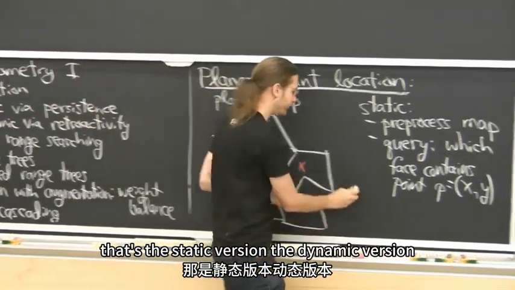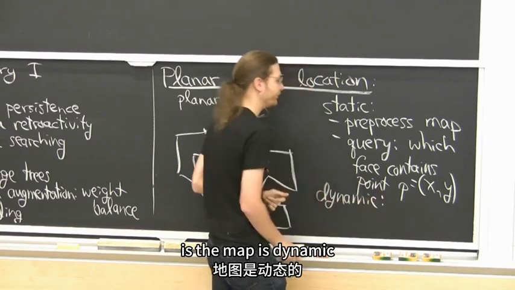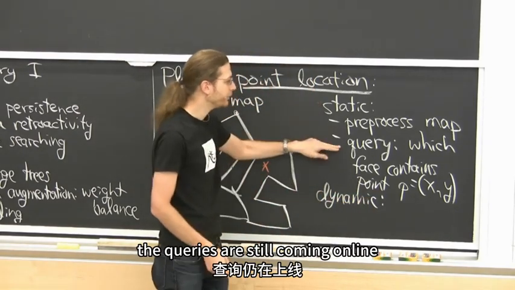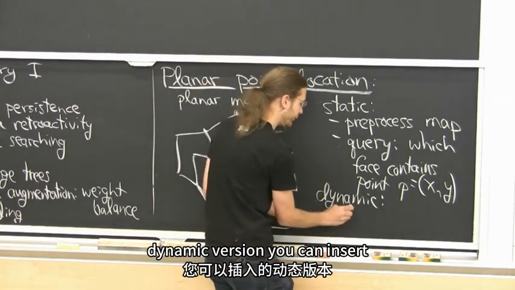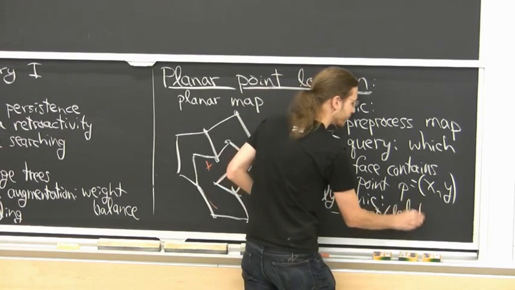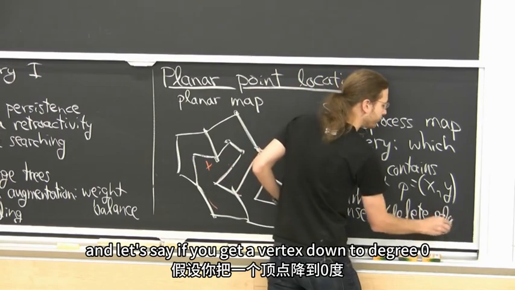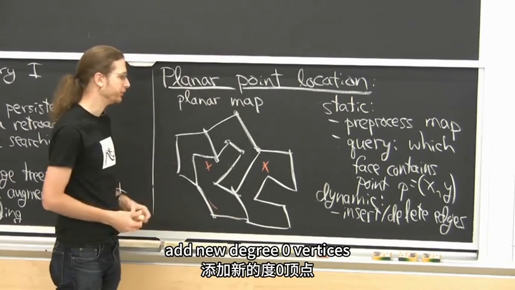That's the static version. The dynamic version, to make things harder, is that the map is dynamic. So here the map is static. The queries are still coming online. In the dynamic version, you can insert and delete edges in your map. And let's say if you get a vertex down to degree 0, you can delete the vertex as well, or add new degree 0 vertices.